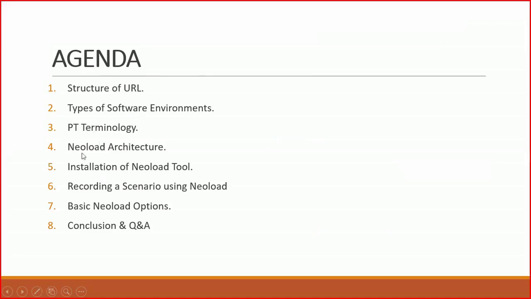After completing that, I'll go to the Neoload architecture and explain it in a detailed way. Then we'll go with the installation of the Neoload tool, and we are going to record a scenario using it. I'll also discuss a few basic Neoload options which are available. With that, I'm going to conclude the session for today.